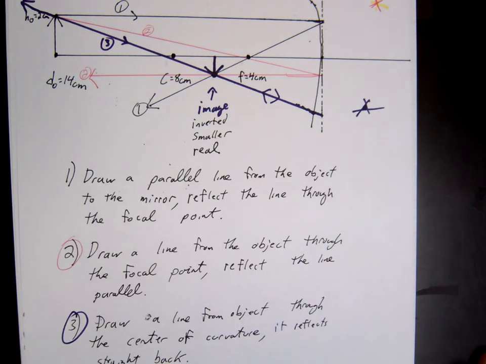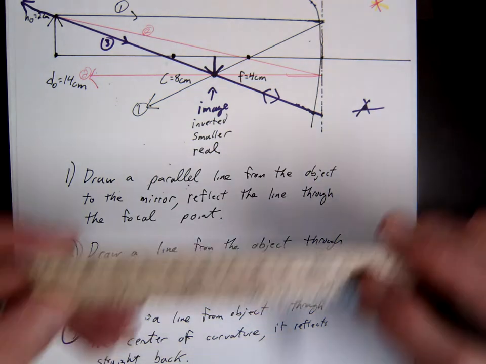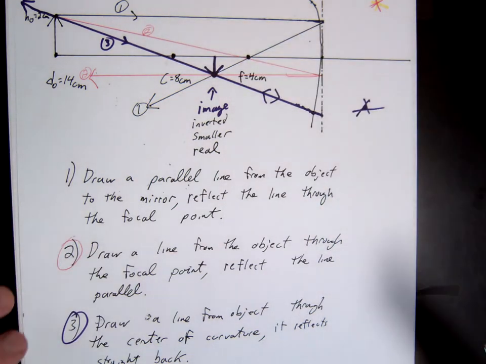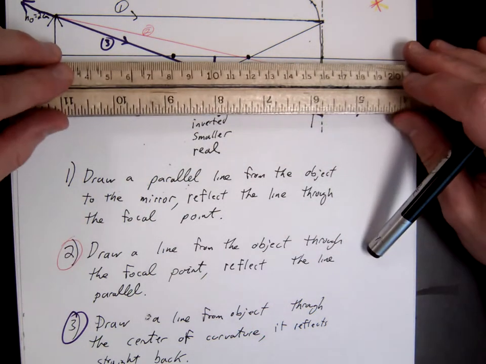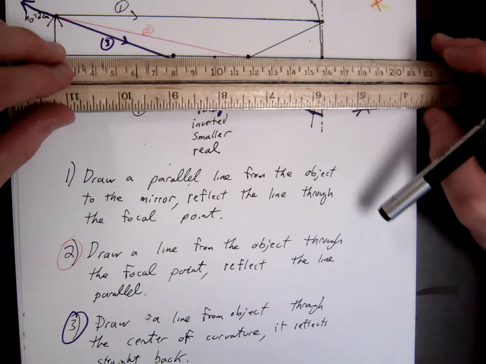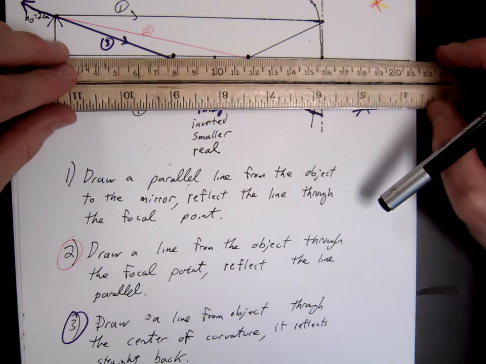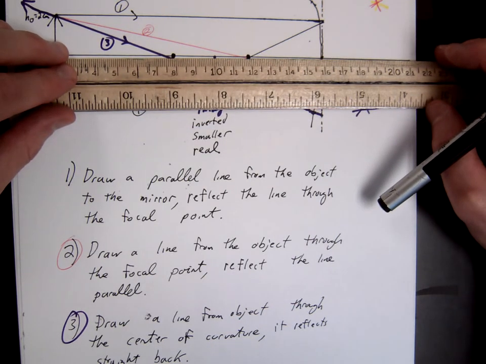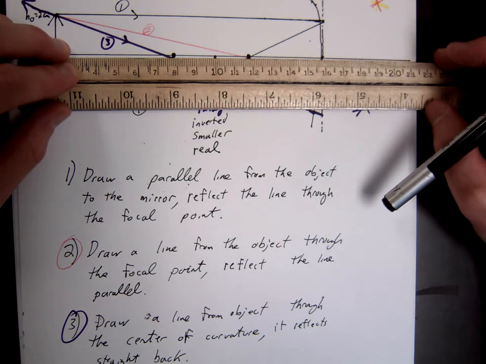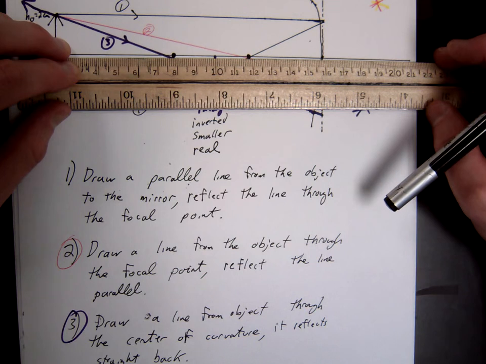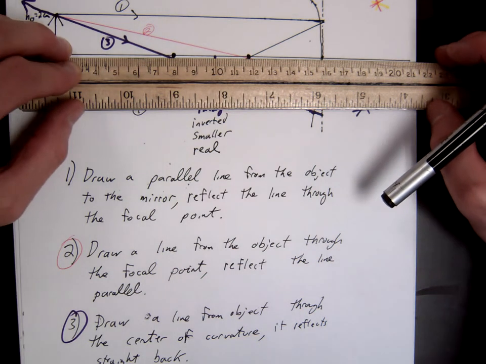Okay, what I would like you to do next is to go ahead and make a few measurements. So I want you to measure the image distance of your image. So just take your ruler, measure the distance from here to the mirror. I'm getting about 5.8.